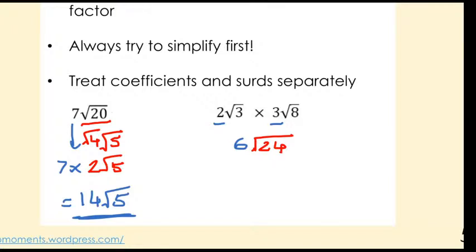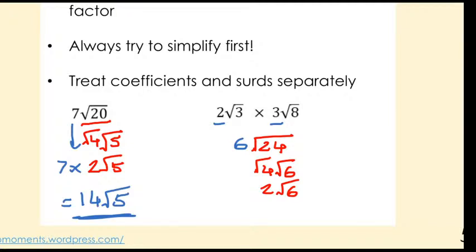Now that could be our final answer, but we've got to check our surd, and in this case we can simplify it. Can we think of the largest square number that goes into 24? That's going to be 4 as well. So we can write that as root 4 root 6. And then we can simplify that to just 2 root 6, because the square root of 4 is 2.